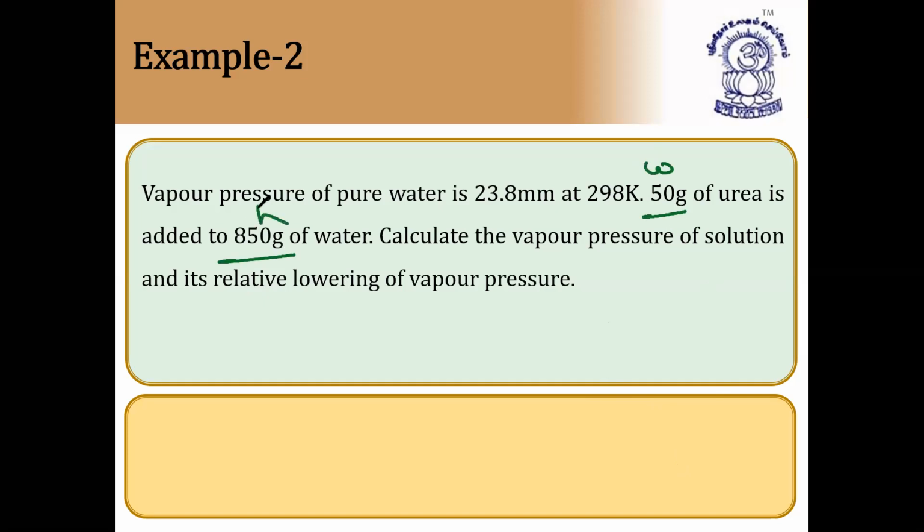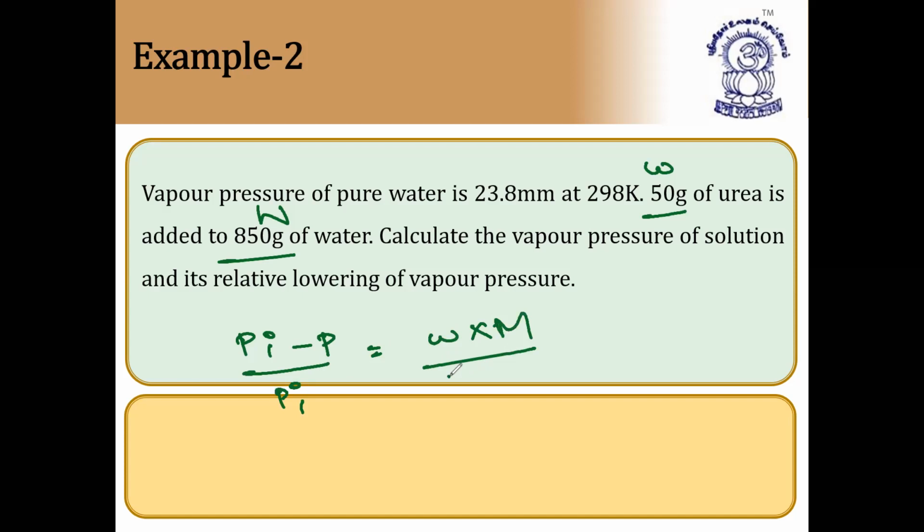So straight away you have to use the formula. Here P1 naught is given as 23.8 mm. P1 naught minus P by P1 naught is equal to small w into capital M by capital W into small m.